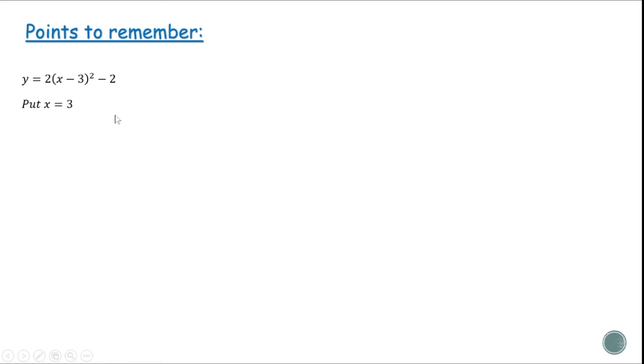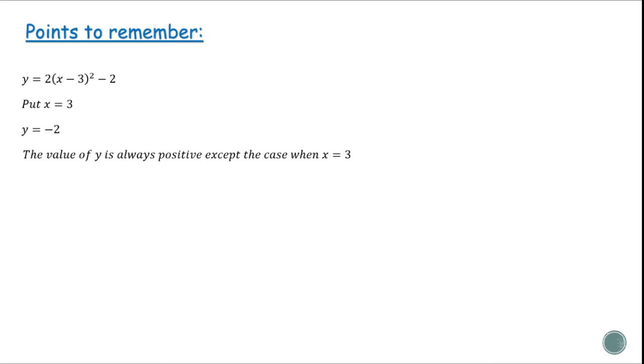Let's understand that by taking a special case when we keep x equal to 3. In that case, the value of y will be minus 2. That means the value of y will always be positive except when x is equal to 3. You can try it out by yourself by taking any example.